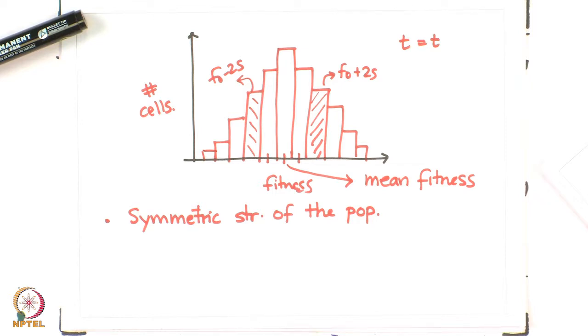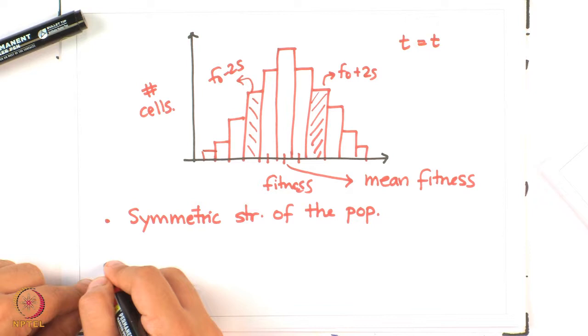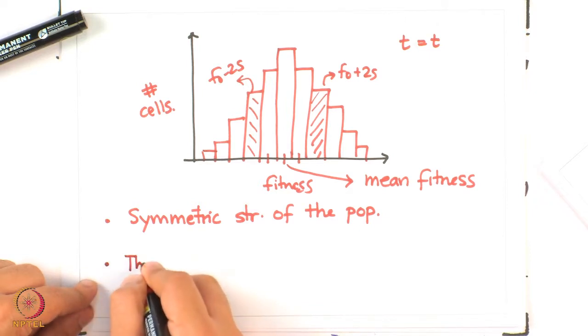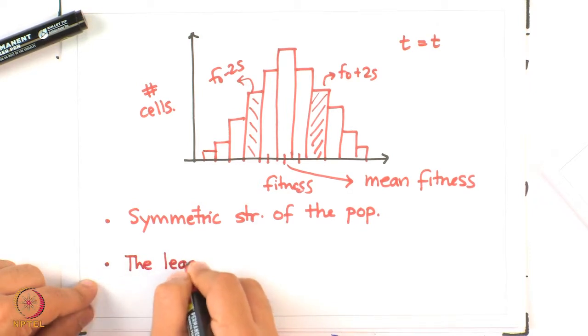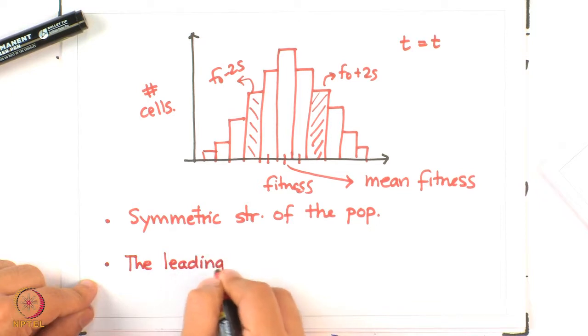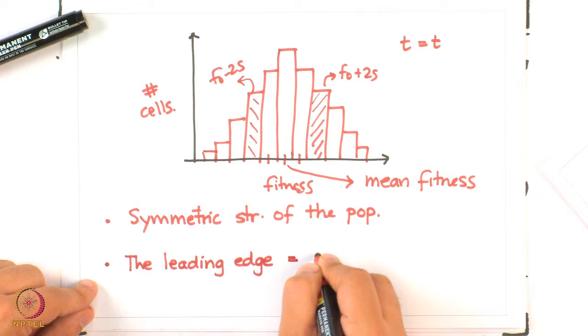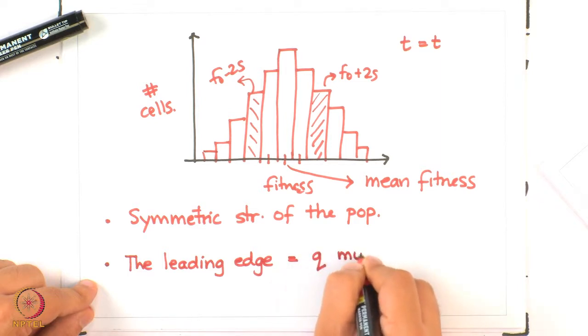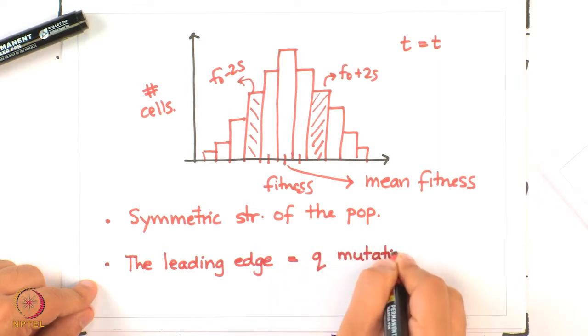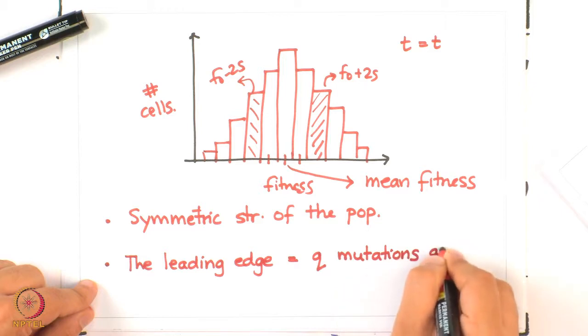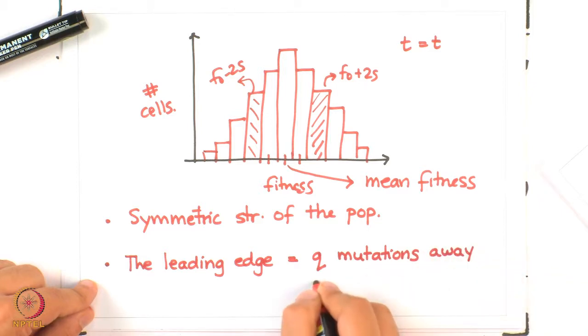All right. Then we assume that the leading edge is q mutations away from the mean.